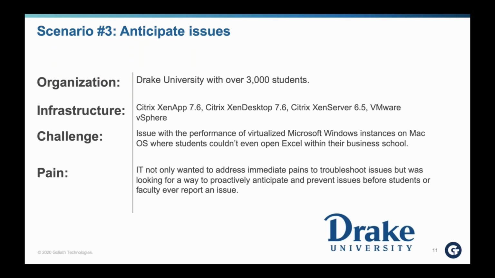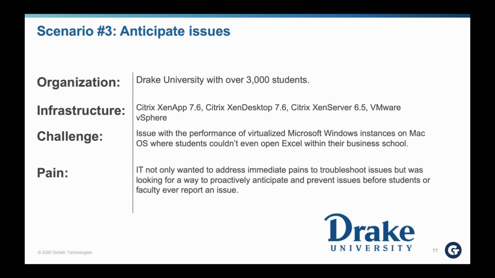So they deployed our technology, and they were able to identify that it wasn't specifically a Mac issue. It was some memory utilization issues, and they were able to go through the same exact process that we just went through in those two scenarios. But the other pain point for Drake University was that there was no way to anticipate these issues when it comes to availability and users being able to access their critical applications.